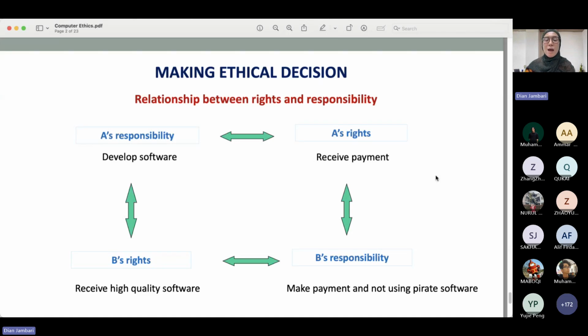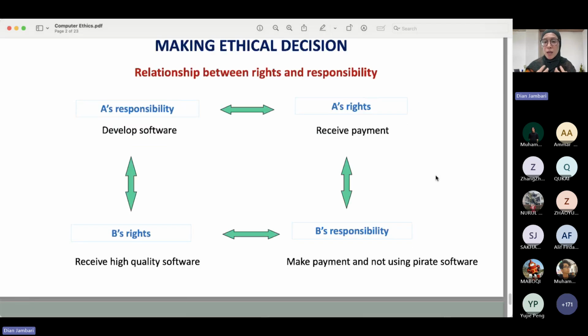Now to conclude, as IT professionals, as computer professionals, we have responsibilities, and as an ICT user, we have rights.